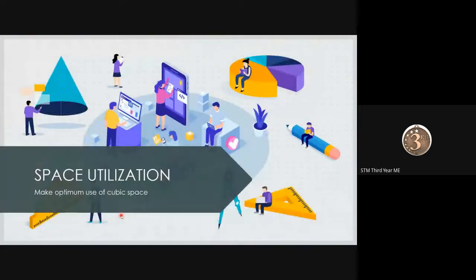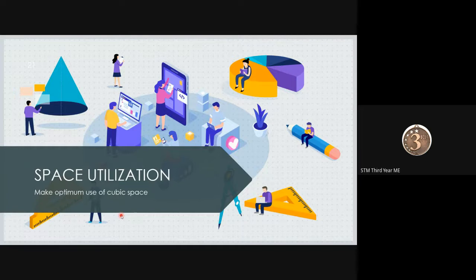Then comes space utilization. We have already learned how the space has to be utilized. That is one of the principles in industrial engineering. We have to utilize all the space inside an industry for effective management of each department or each production cycle.